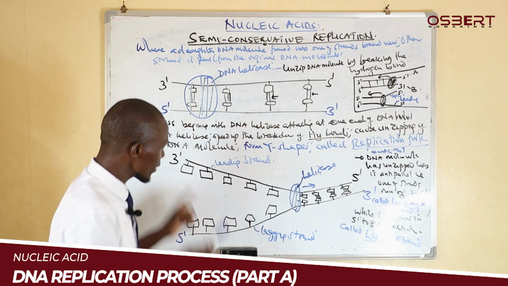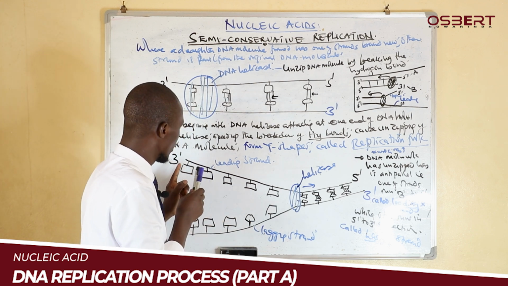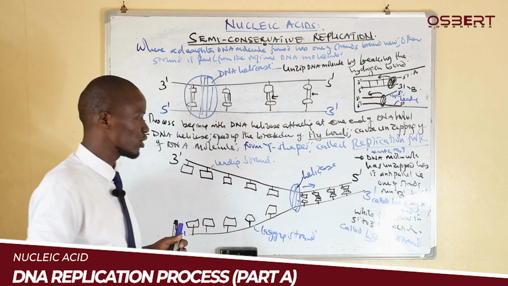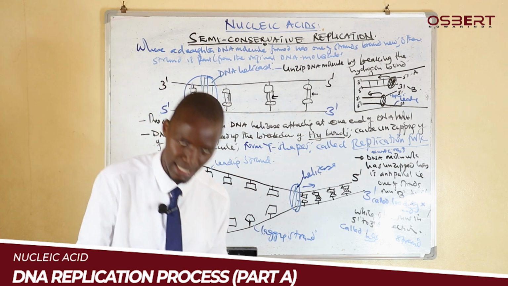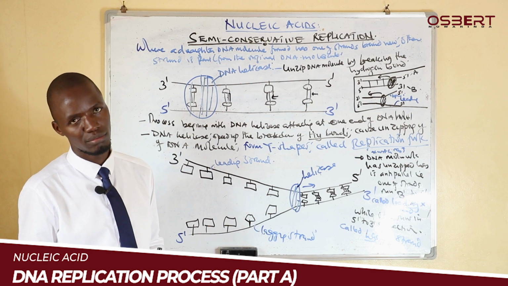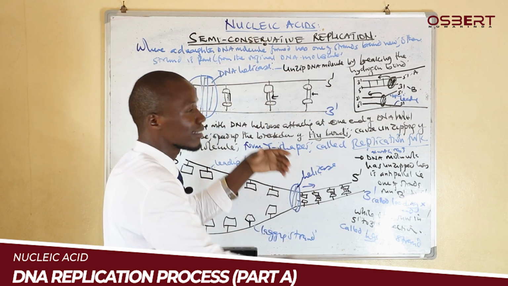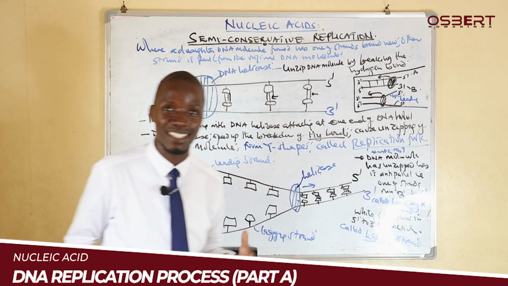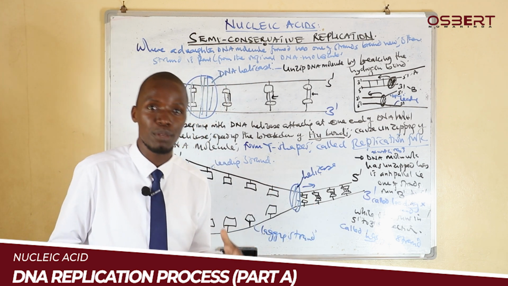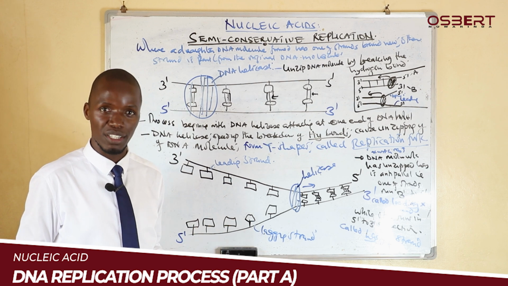Now, because these strands of the DNA molecules undergoing replication are oriented differently, therefore the way they are going to replicate, the way they are going to form new copies, is also going to be different. Why?